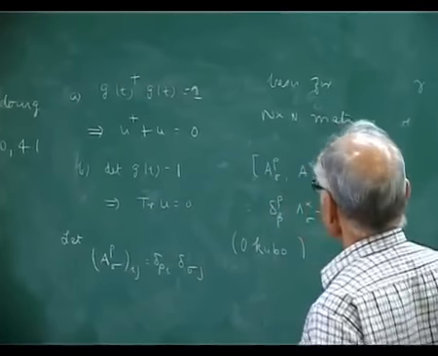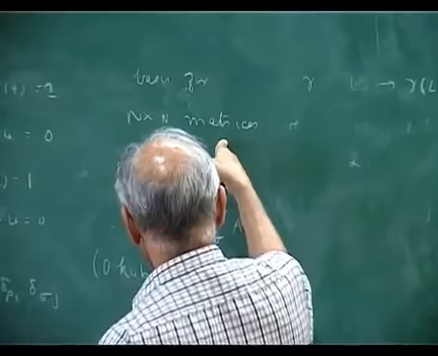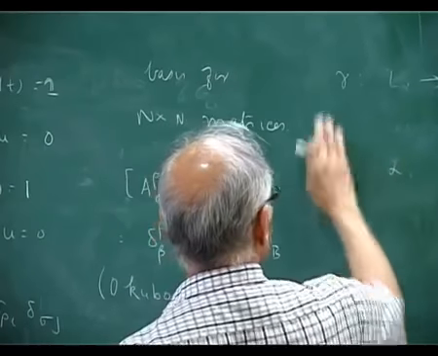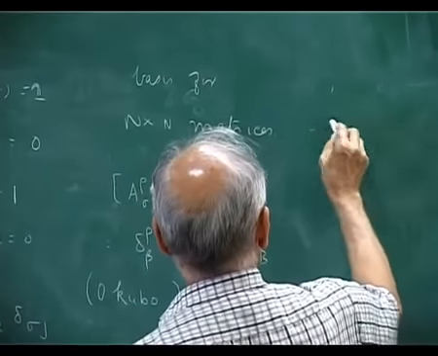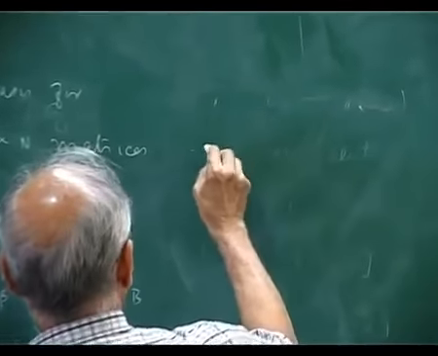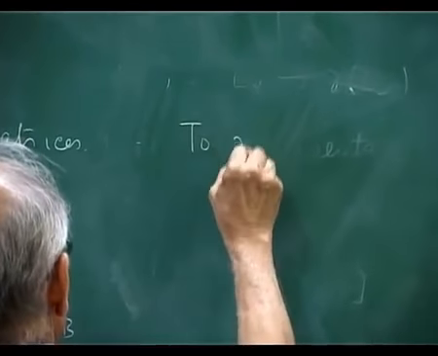Okay. So these are all n cross n matrices. Then we can now do the following, to make them traceless.